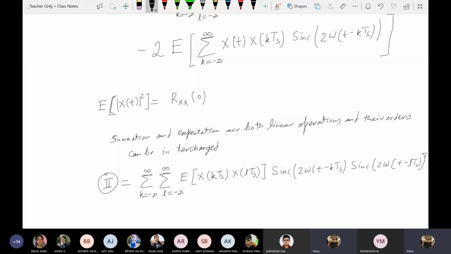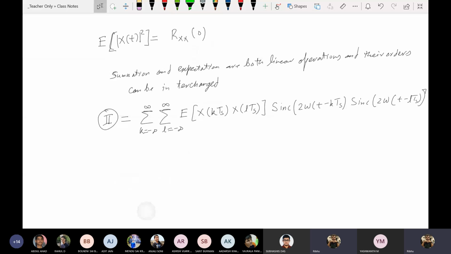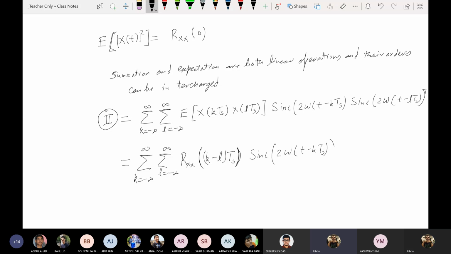This is okay. So this equals summation k, summation l, Rxx((k minus l)Ts) sinc(2Wt minus kTs) sinc(2Wt minus lTs).